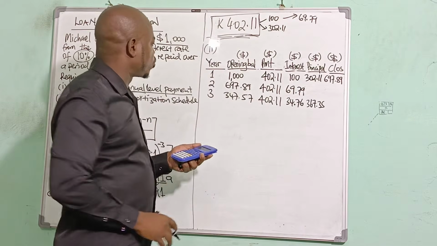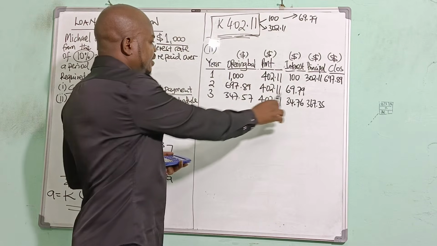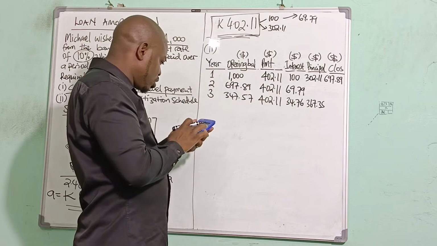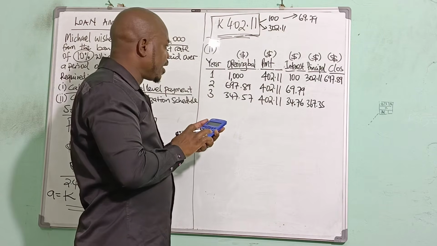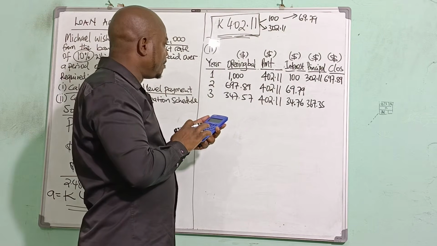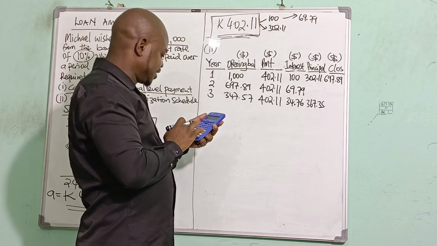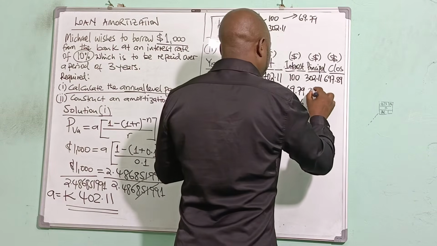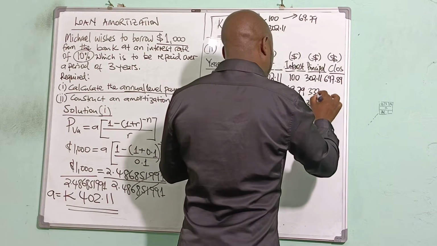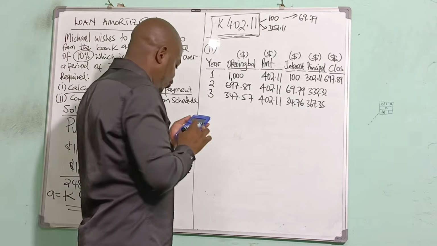I'll be quick, don't worry. This is the interest element, so let me remove it from 402.11. Removing 69.79, I have 332.32, which will reduce the loan amount.